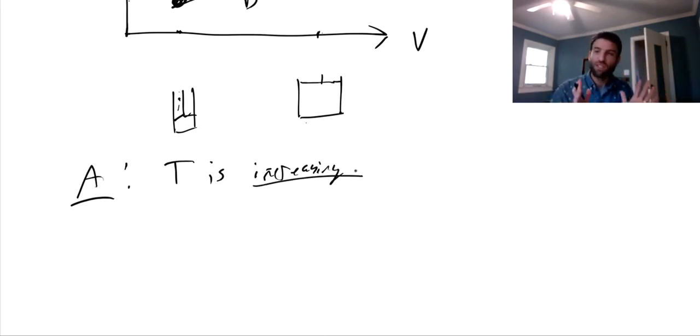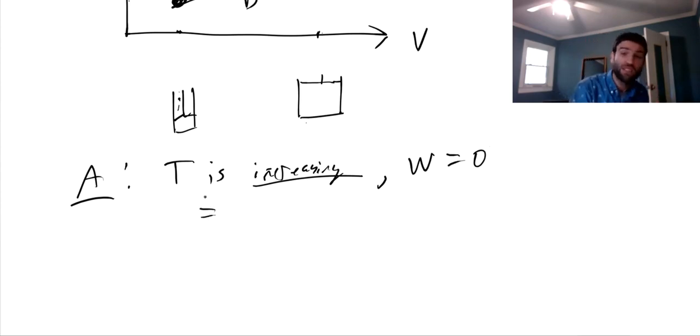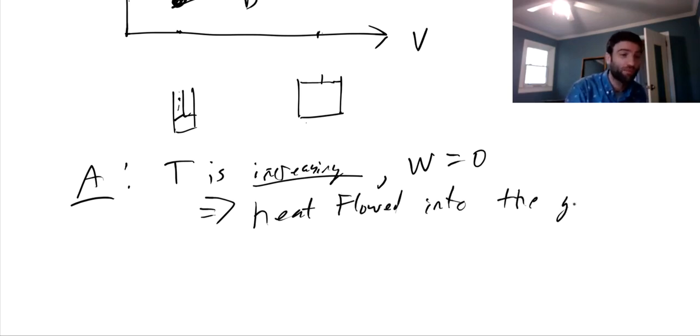And also, since the volume of the gas is the same, there's no compression or expansion of the gas, no mechanical work is being done, right? W is equal to 0. There's been no work, but the temperature has increased. What this means is that heat must have flowed into the piston. Heat flowed into the gas in the piston.